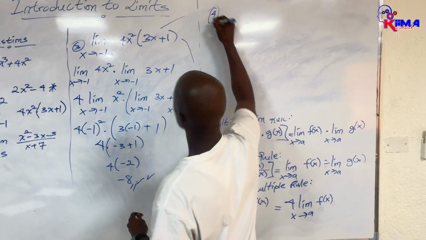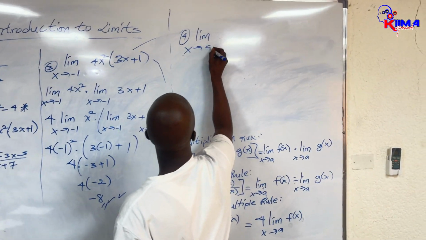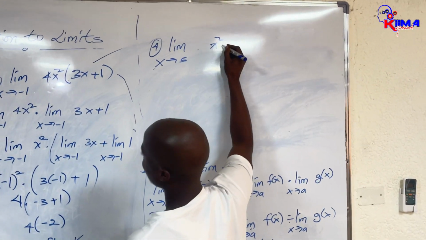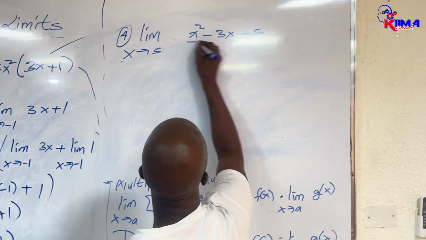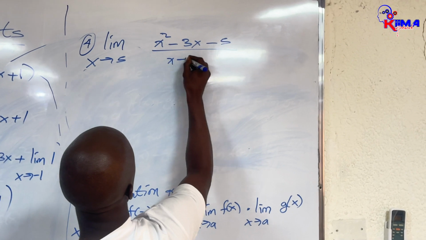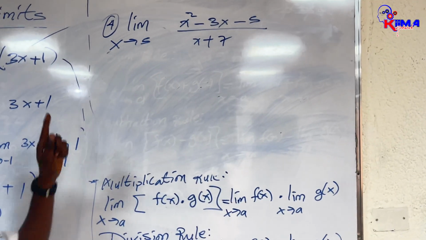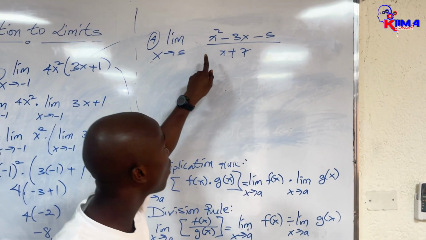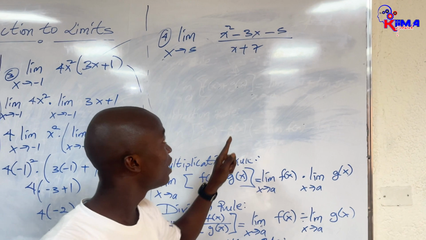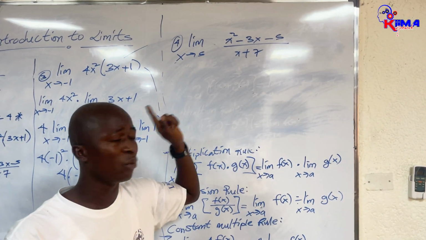So question number 4, the limit as s approaches 5, s squared minus 3s minus 5 all divided by s plus 7. So what we're seeing was that this particular question, they have the rule of subtraction, they have the rule of division as well. So we are going to apply these various rules.